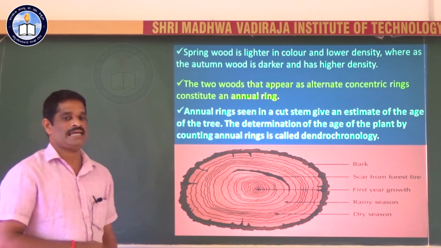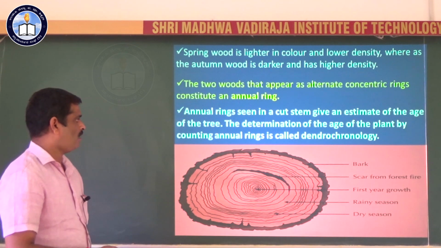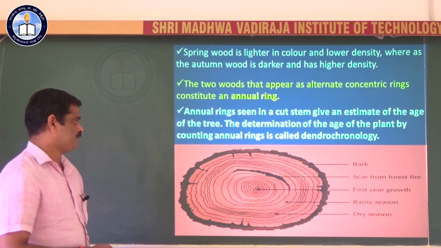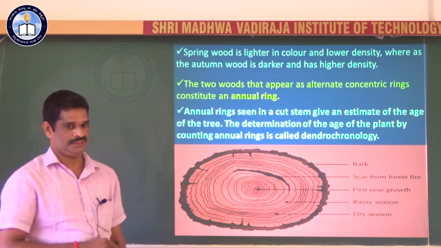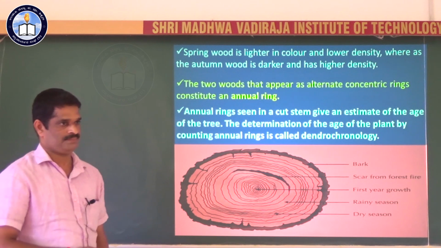This is what we refer to as the annual rings. Together the spring wood and autumn wood layers represent one year of growth.